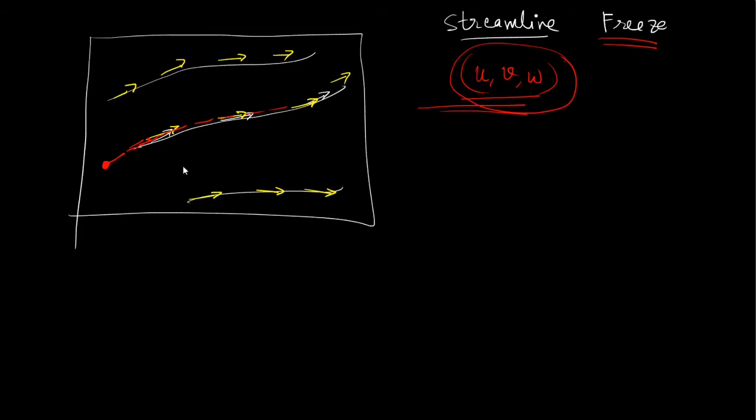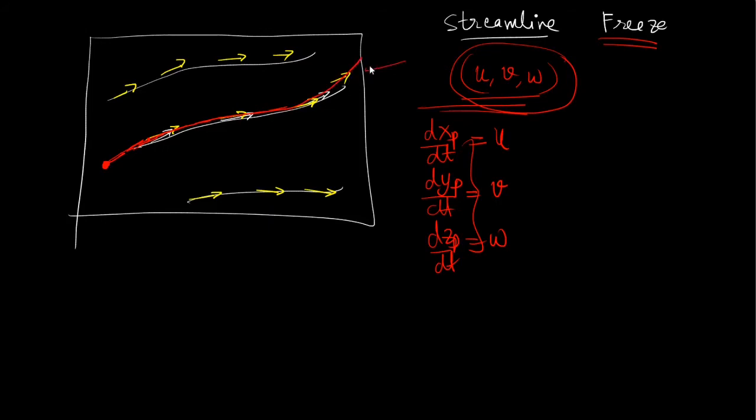By its very definition, dxp/dt, dyp/dt, dzp/dt of the particle are equal to the velocity components. So the trajectory of the particle will give you one curve which will be parallel to all the vectors. Do you agree with this statement?